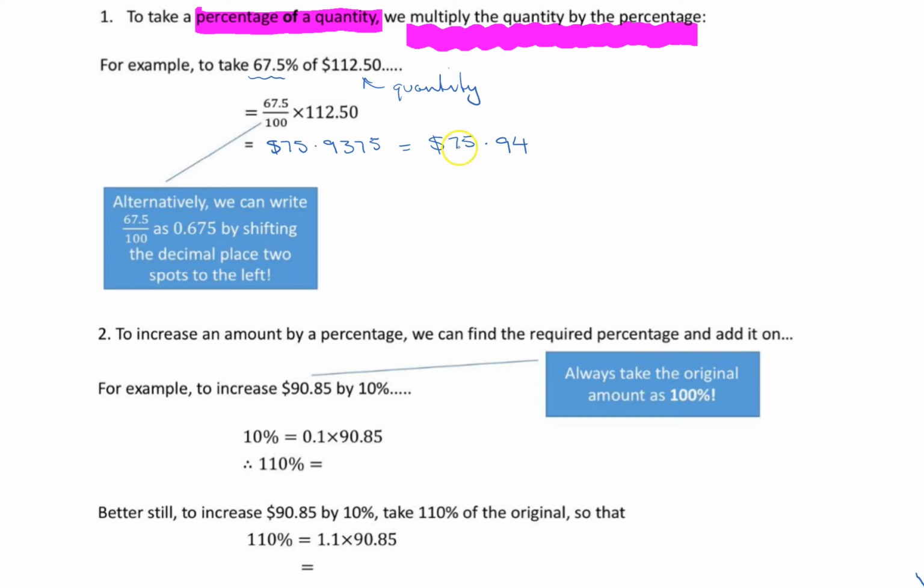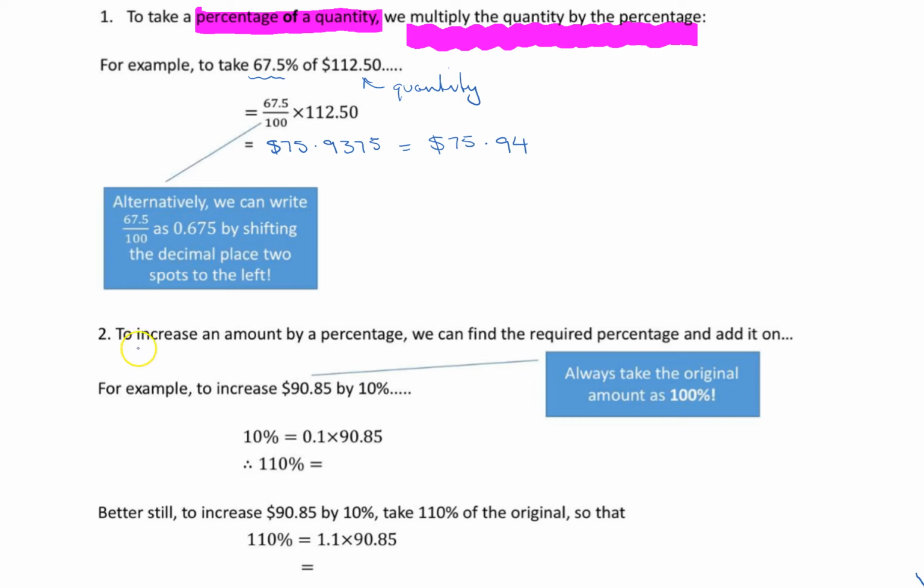We can see that 75 is probably correct, because it's about the size we expect. So there you can see I've just done a bit of basic revision of finding the percentage of a quantity.